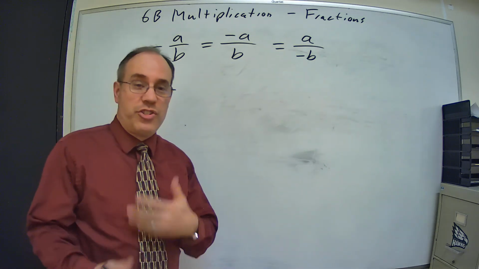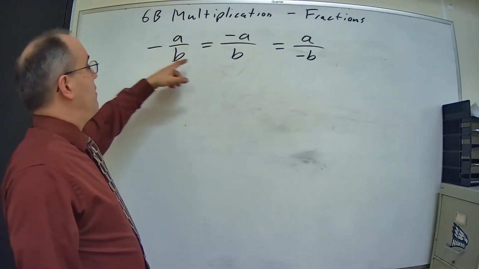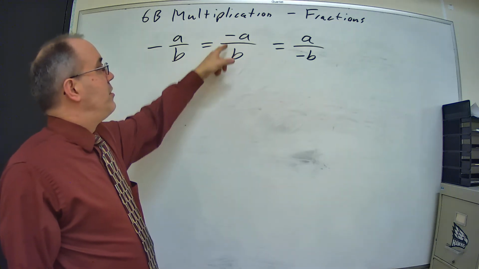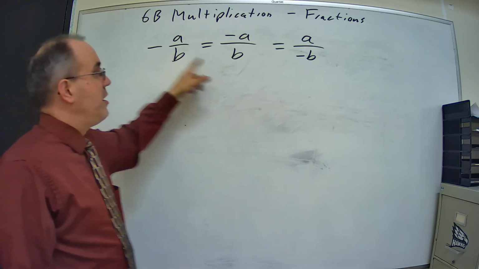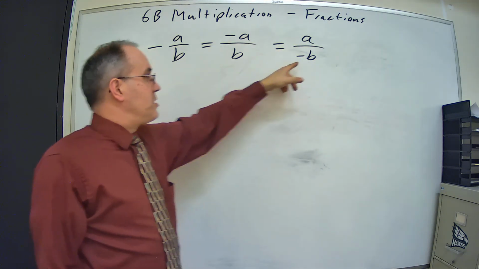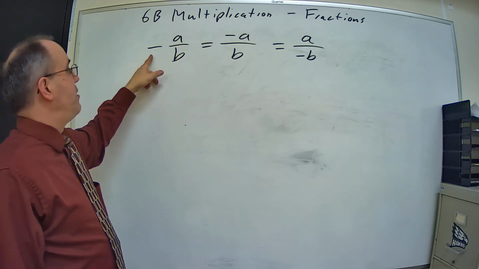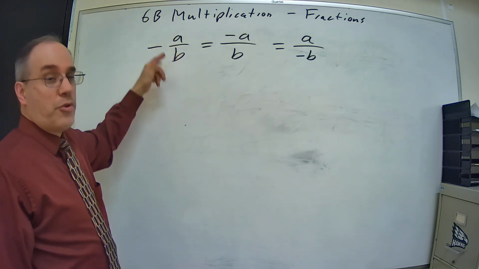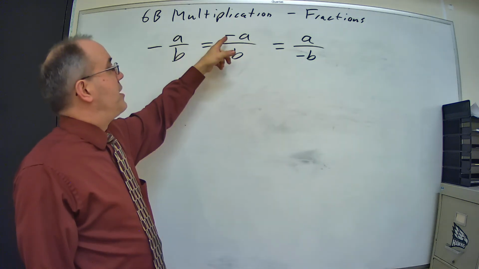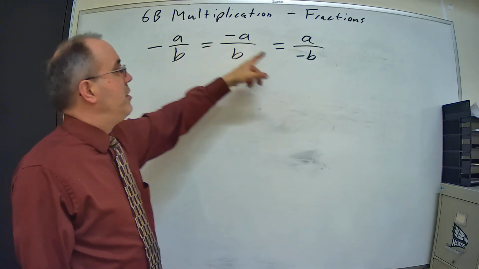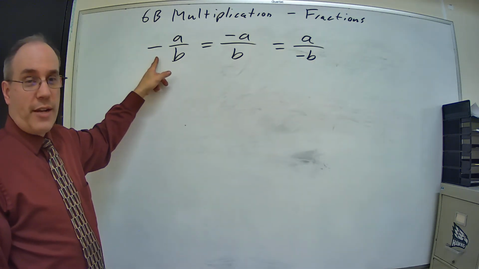Remember, a fraction is just division, right? So if I divide two numbers with opposite signs, the result is going to be negative. So therefore, if I have the negative of the division of two numbers, or of a fraction, that negative sign can be placed either in the numerator, in the denominator, or in front of the fraction itself.